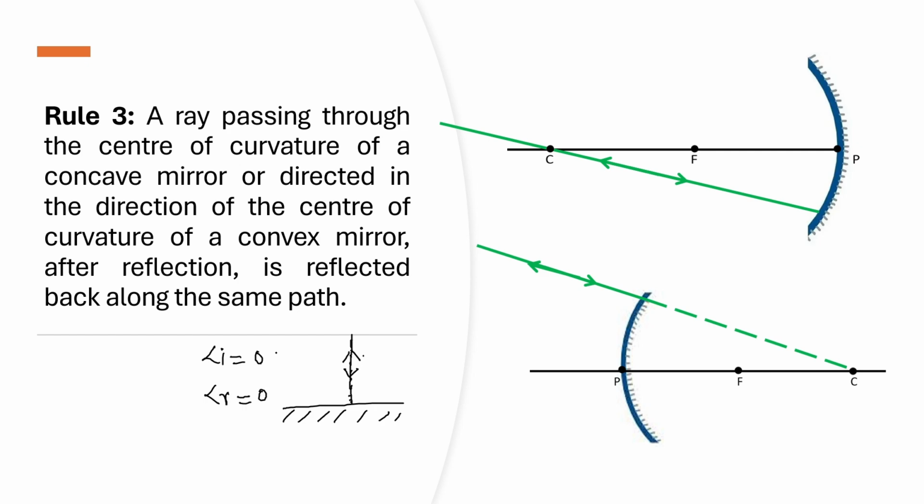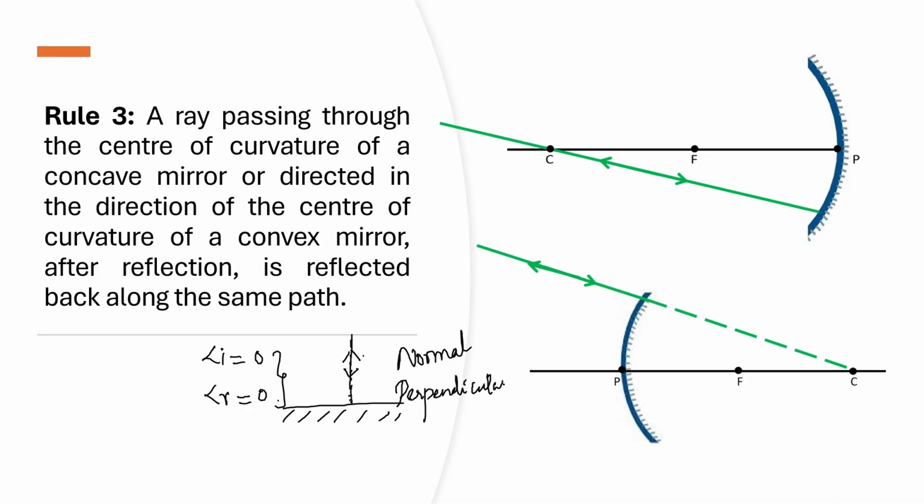To satisfy this, the ray will reflect back along the same path. So wherever you see that a ray is reflecting back along the same path, what does it mean? It means that it is passing through the normal, or it hits the mirror perpendicularly.